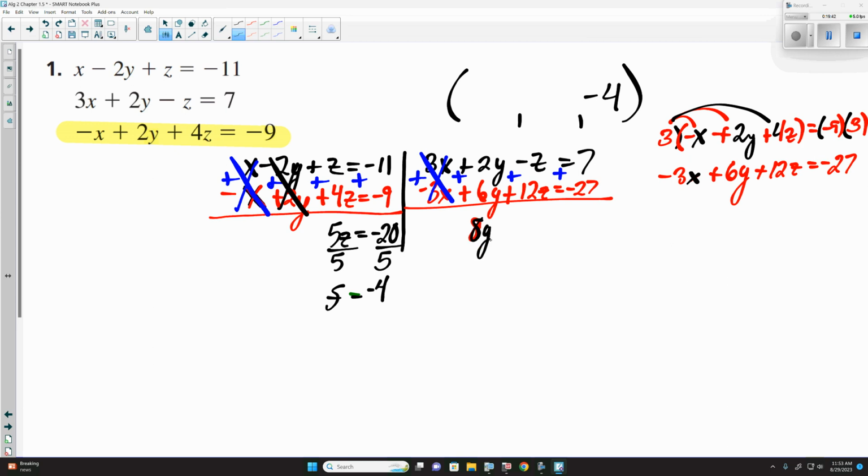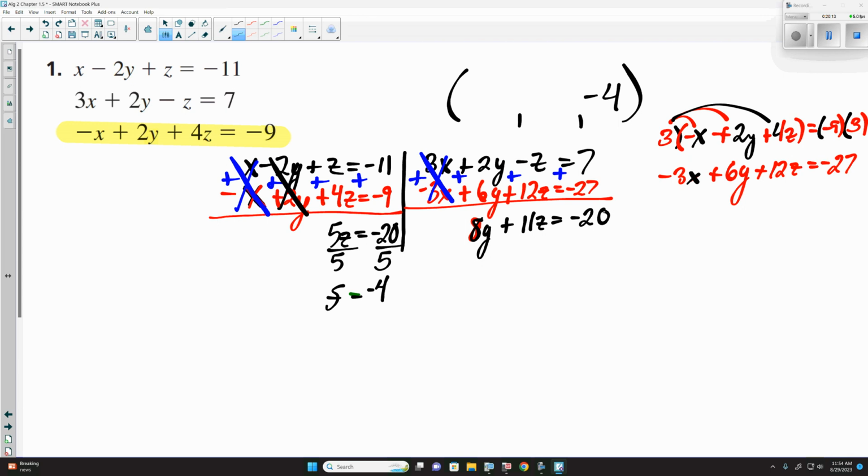So we have 8y. Negative z plus 12z. Almost. Because negative 1 plus 12, 12 minus 1, 11. And lastly, 7 plus negative 27 is going to be negative 20.